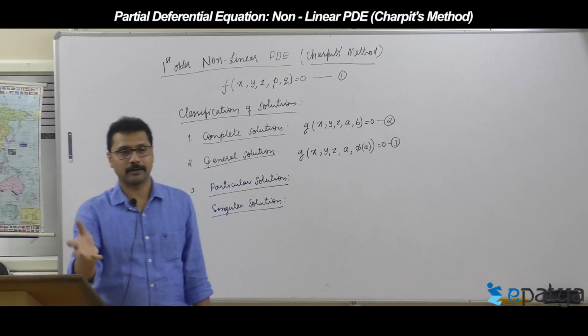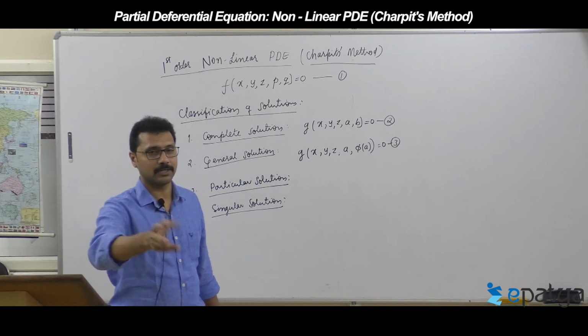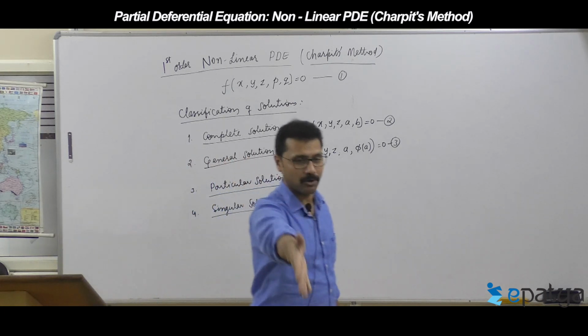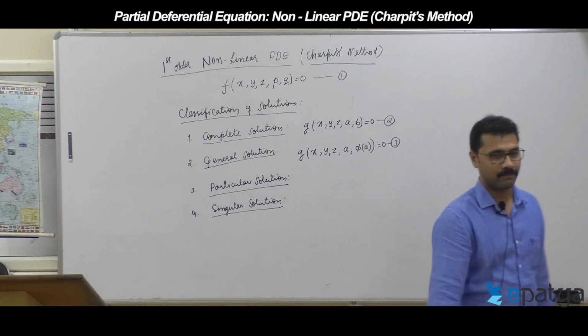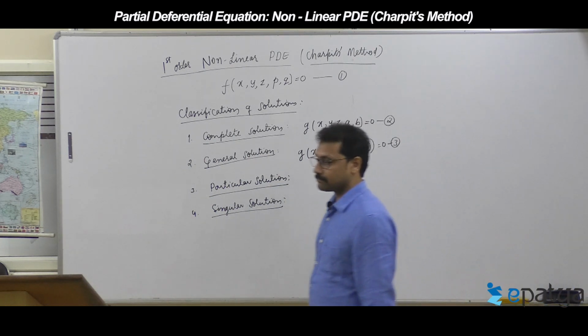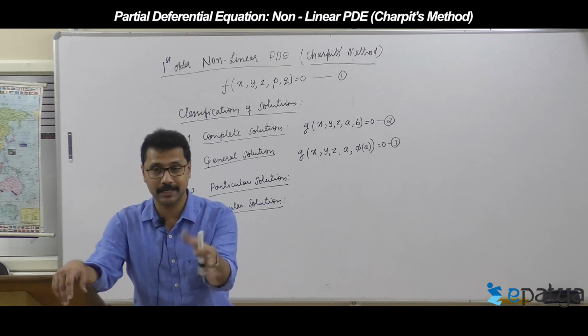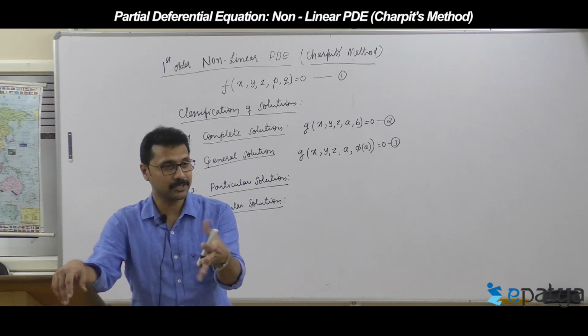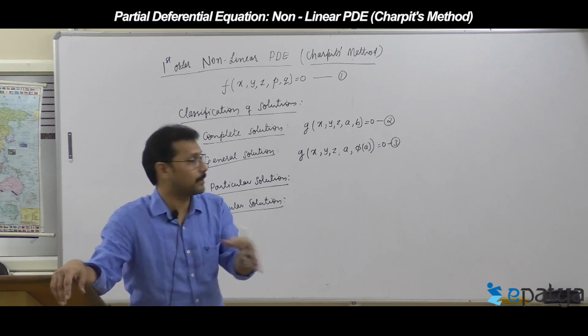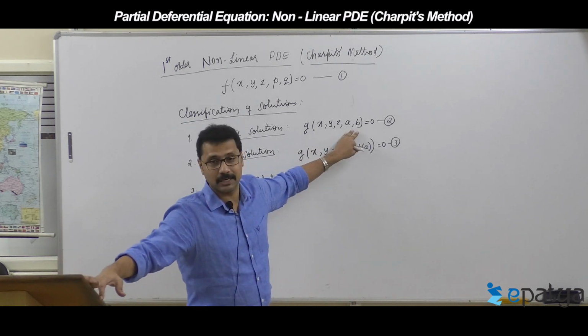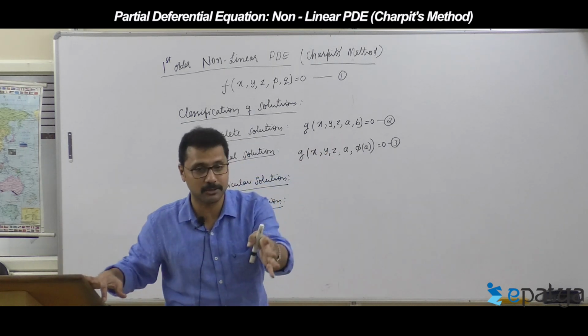And the sphere in fact does not contain any arbitrary constants, because x square plus y square plus z square equals some constant I will get, right? And the sphere is not a member of the family because the sphere is not a tangent plane. Therefore, by giving particular values to the arbitrary constants in the complete solution, we do not get the sphere.